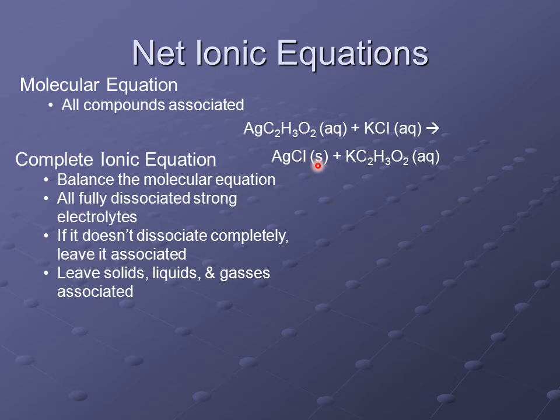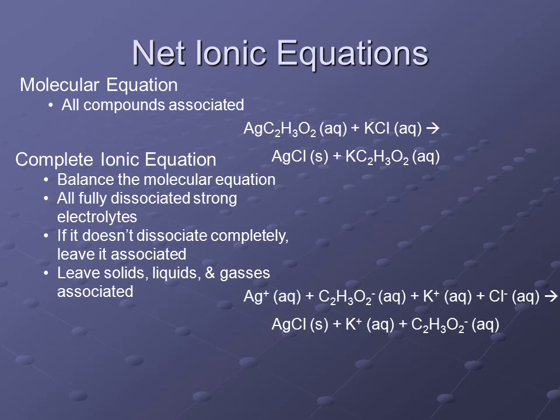Silver chloride is an insoluble ionic compound, so in the complete ionic equation, it will remain associated. Potassium acetate is soluble, so it will dissociate. So basically, everything should be dissociated in this particular reaction, except for the silver chloride. So that's what we end up with.